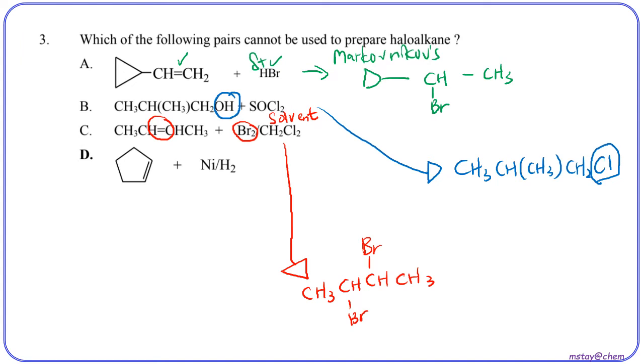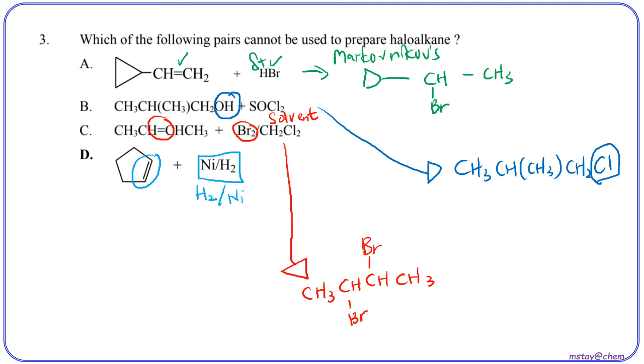So last option, D. This is an alkene reacting with hydrogen. If you are the one who suggests the reagent, you should write down hydrogen because hydrogen is the main reagent. The nickel only plays the role of catalyst. Sometimes in questions they exchange the position to confuse you.